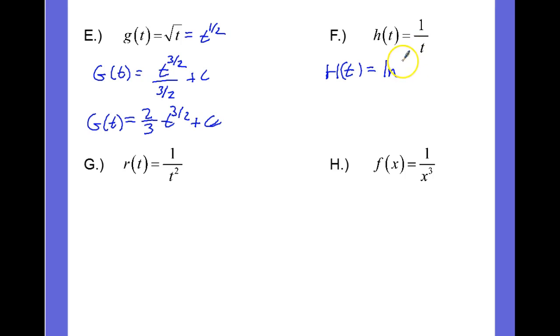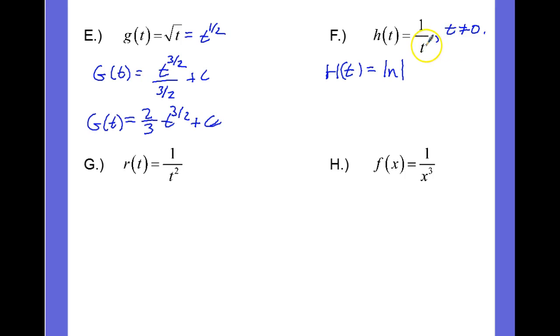And you know what? We want to make sure we assume the domain of h is going to be all real numbers except 0. They didn't tell us what the domain was. So I have to assume that the only value that would cause a problem here is going to be 0, and so t not equal to 0.